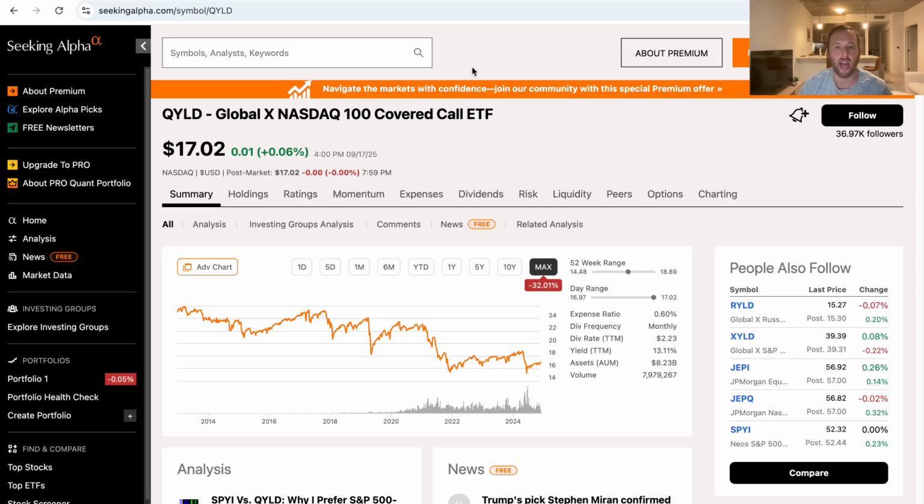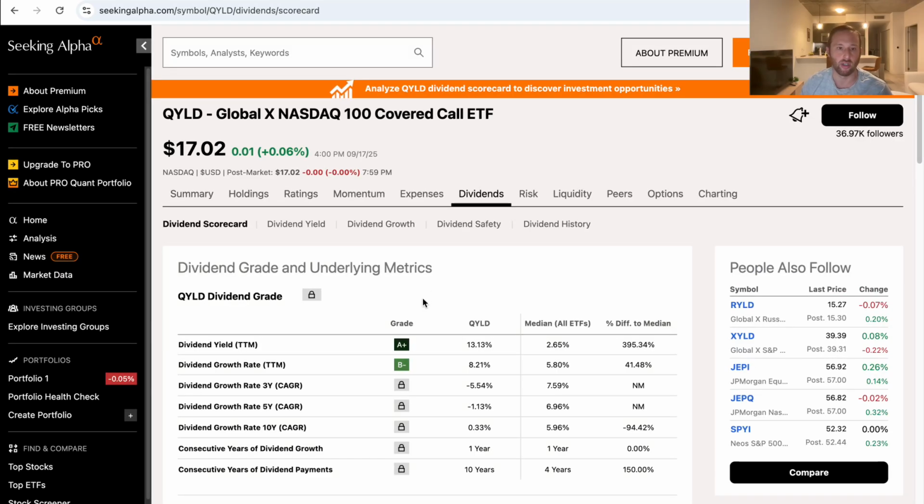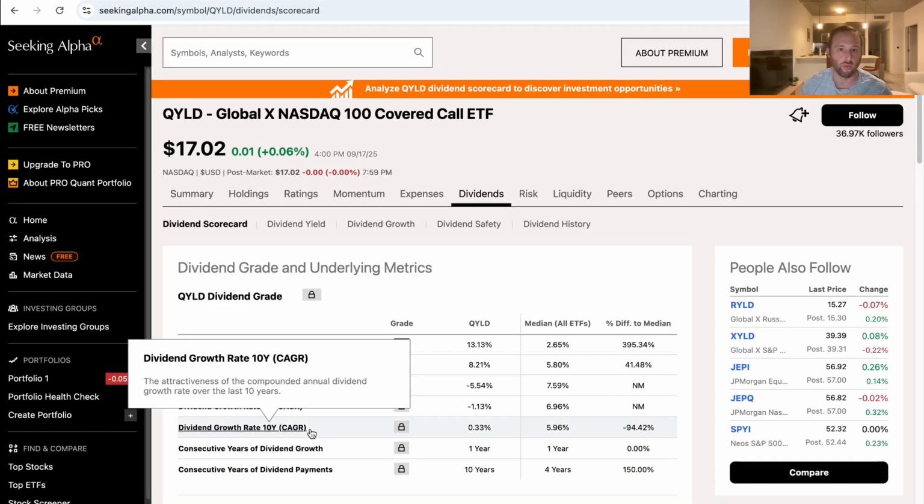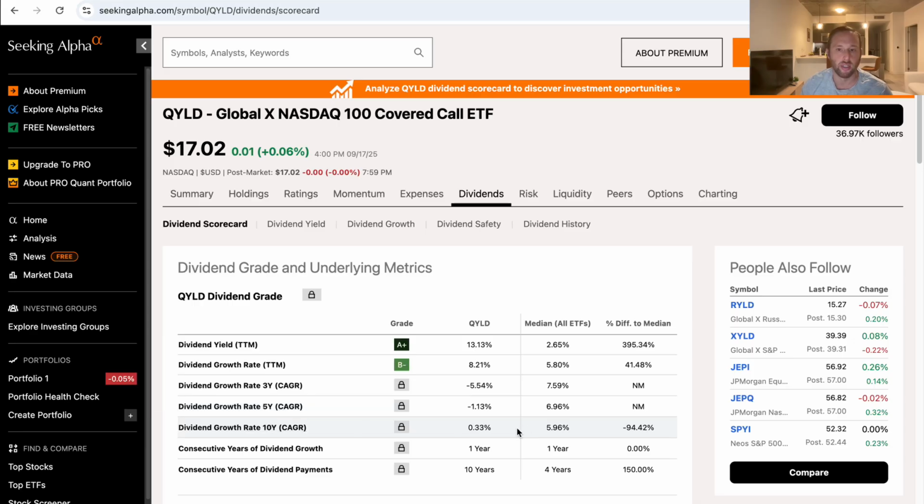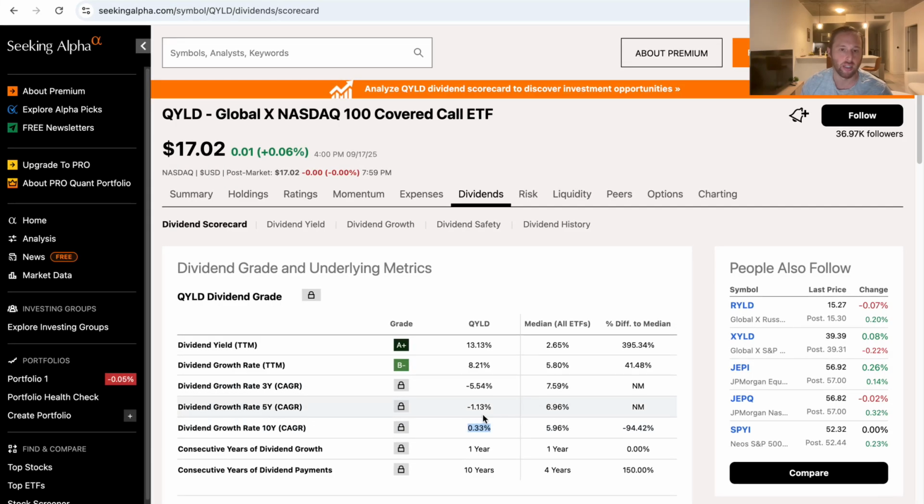But this NAV decline has also declined its dividends, the distributions generally year after year. If we look at the dividend growth rate over a 10-year period, the dividend has stayed effectively flat.